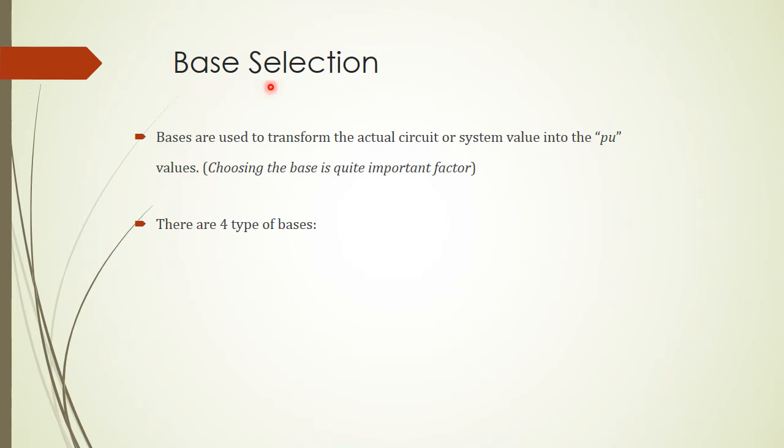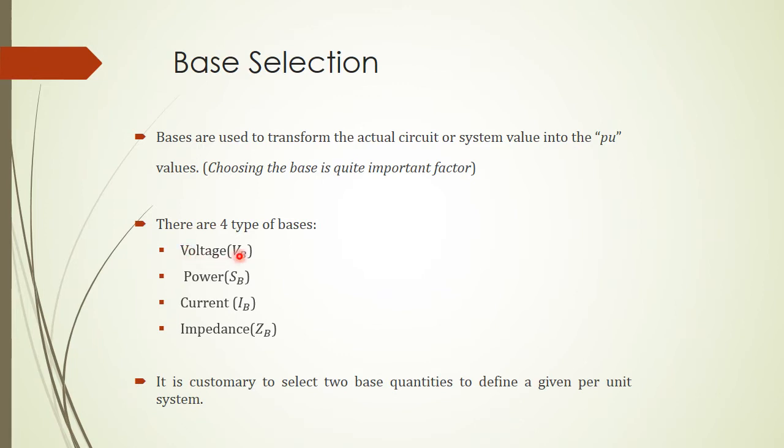So first we talk about base selection. Bases are used to transform the actual circuit or system value into the PU. Therefore, choosing the base is very important. There are four types of bases: the voltage, power, current, and impedance.